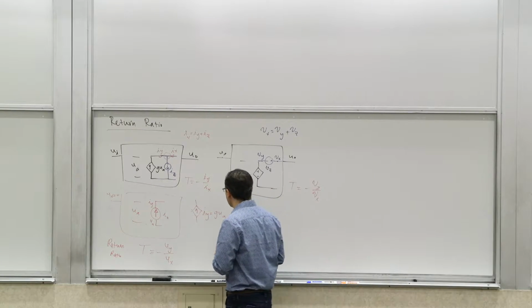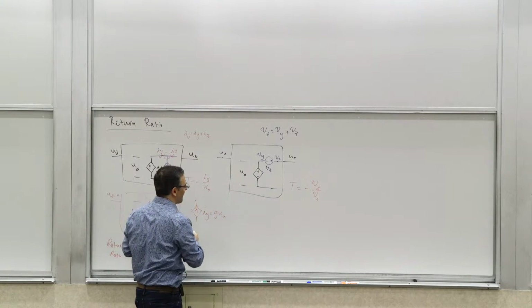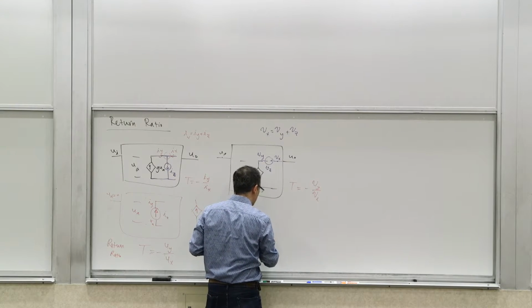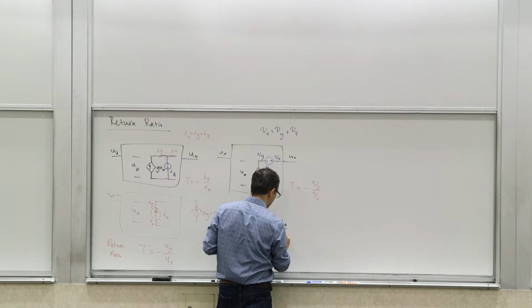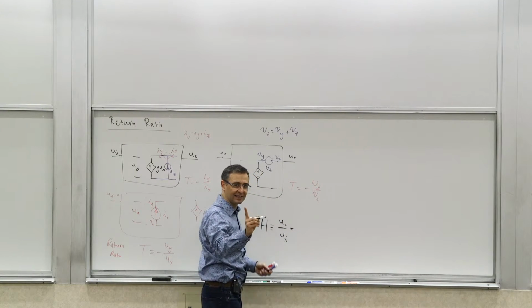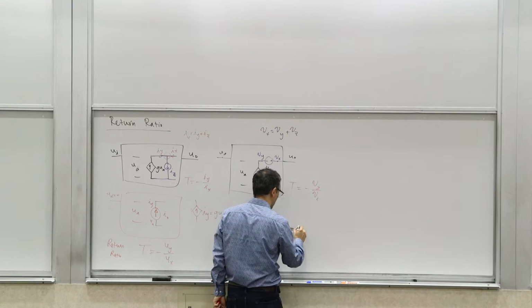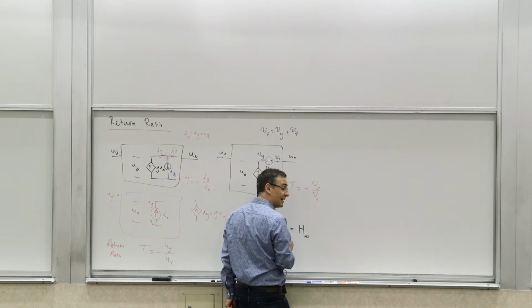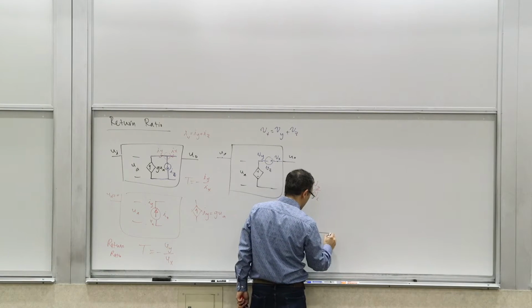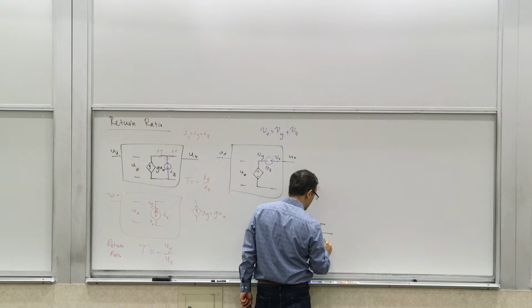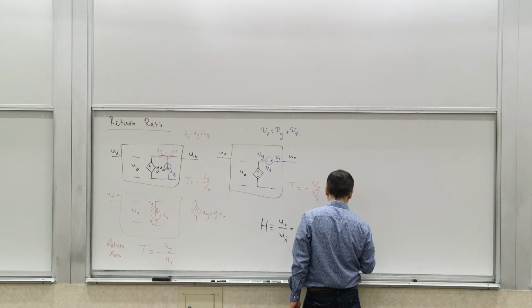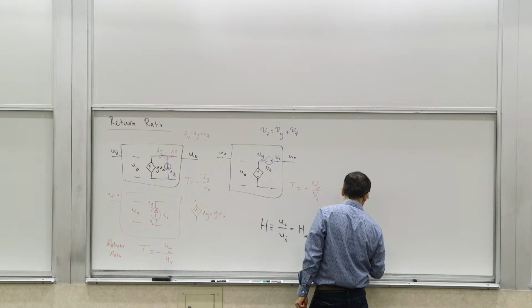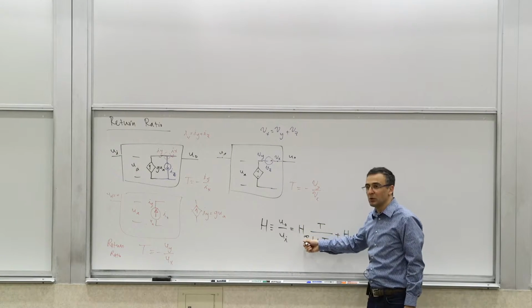The key result is that the transfer function of the circuit, in general, defined as Uo over Ui, is exactly H infinity, the asymptotic transfer function, times T over 1 plus T, where T is the return ratio, plus H0 times 1 over 1 plus T. Now, H infinity, we know what it is, right?